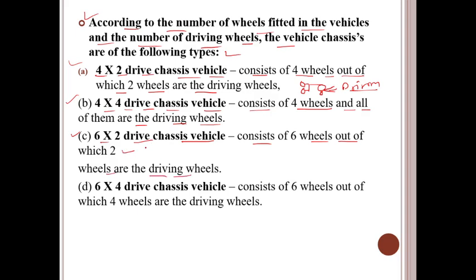That is called the 6 by 2 drive chassis vehicle. D classification, guys, is the 6 by 4 drive chassis vehicle. It consists of 6 wheels out of which 4 wheels are driving wheels. That is called the 6 by 4. These numbers are very important, this 4 and this 2, guys.